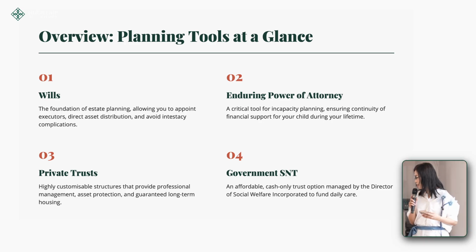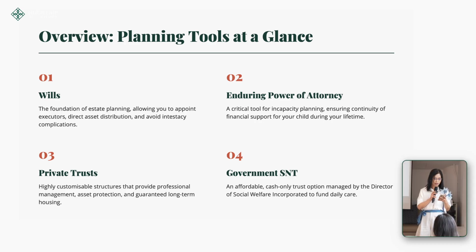The second one is enduring power of attorney. With the word enduring, you can imagine this is different from an ordinary power of attorney. While the will speaks from the day of death, the EPOA, the enduring power of attorney, speaks during your lifetime, especially during the period of mental incapacity. We'll go through in more detail how it works.